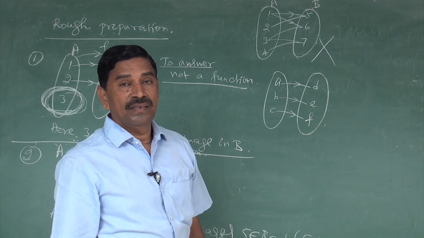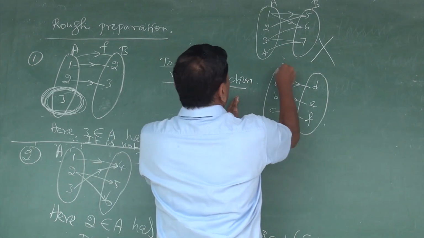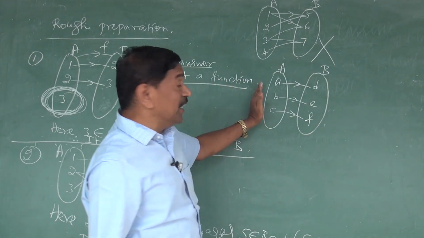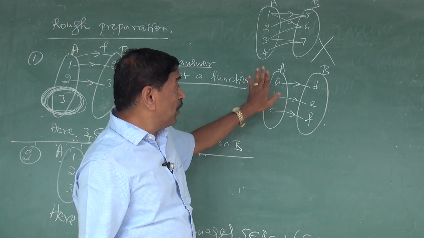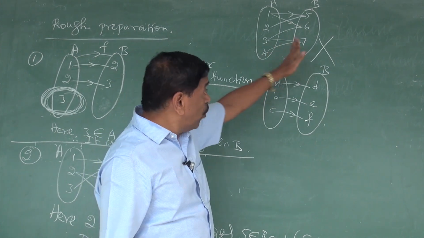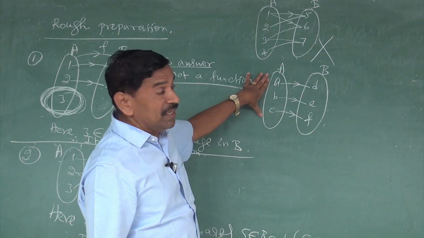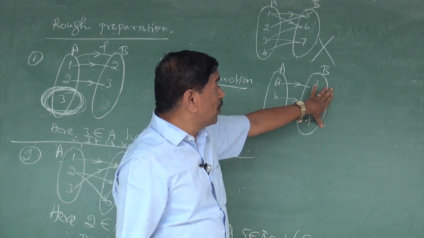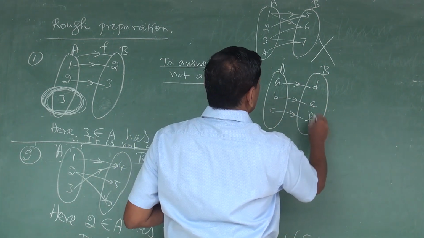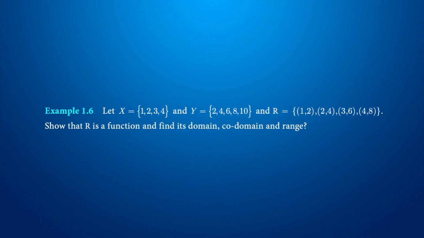Yes, it is a function, because let it be set A and set B. For each element in the domain, there exists only one image in the codomain. That is, each element in the domain has a unique image in the codomain. Therefore, f is a function from A to B.